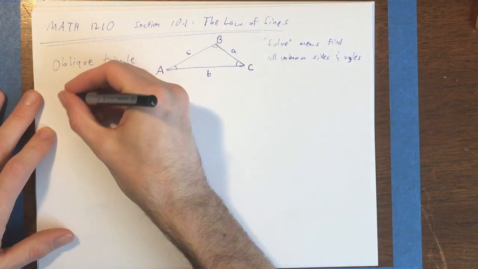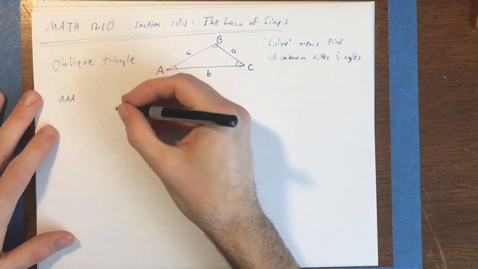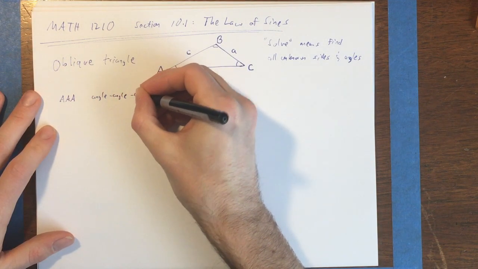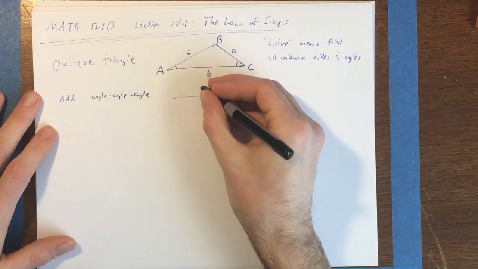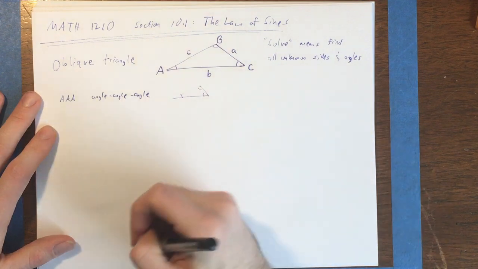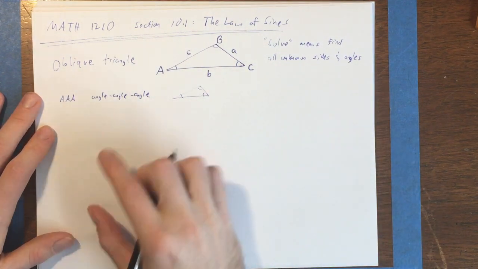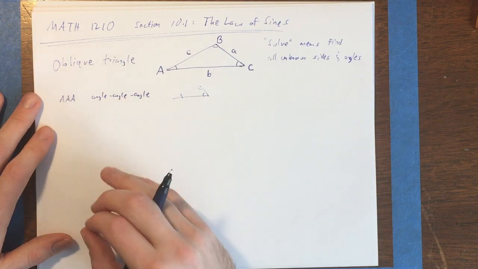Okay, the first case I want to address is the angle, angle, angle case. If you know the 3 angles of a triangle, then actually you can't solve it. I started with this case because this is the one case where it's impossible to solve.